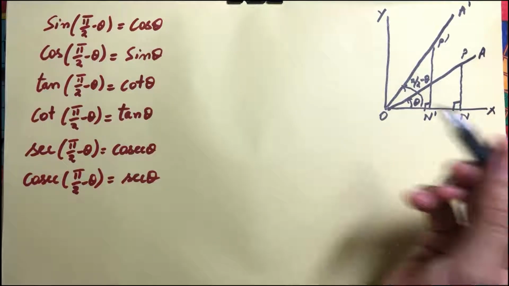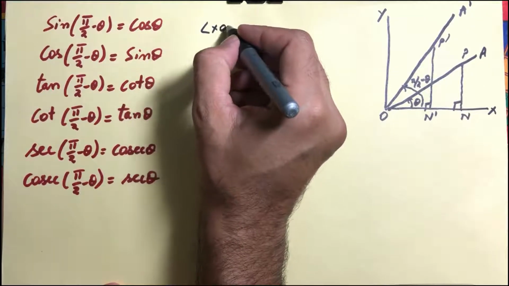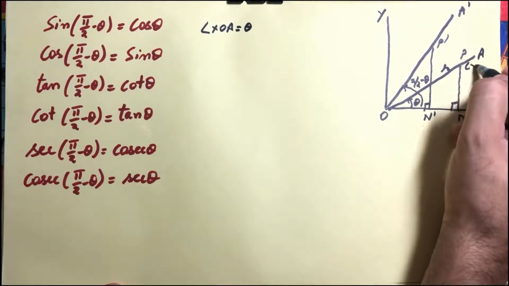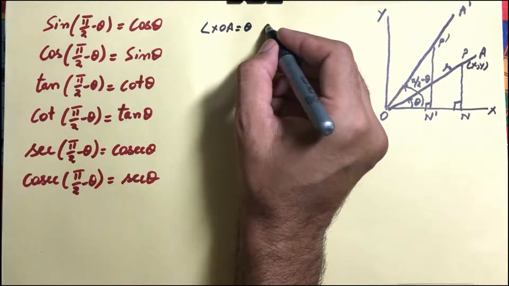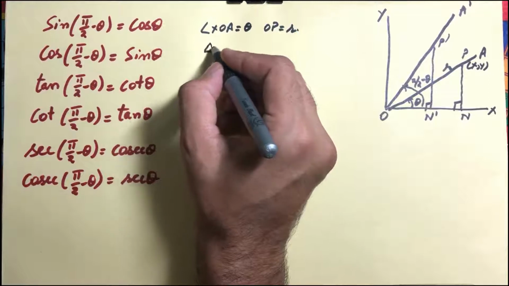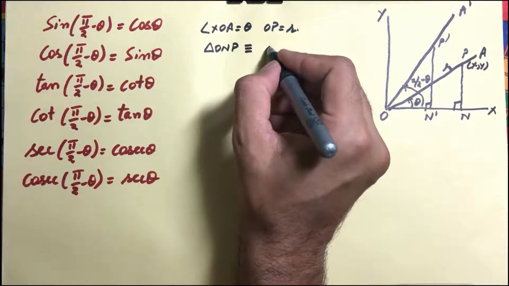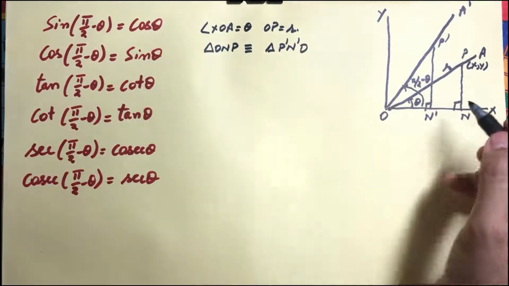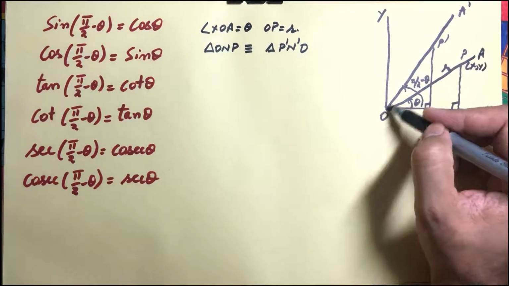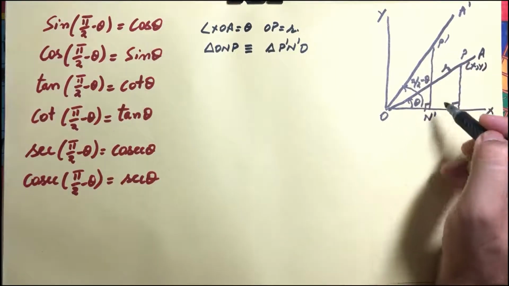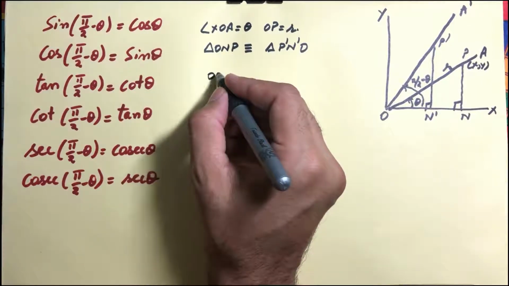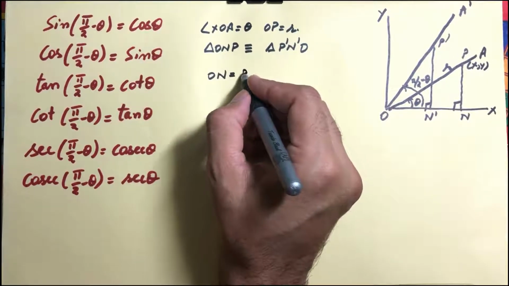So here as we see, angle XOA is theta, and OP, let this be R, and coordinates of P are x and y, and OP is R. Now here again the triangle ONP is congruent to triangle P dash N dash O. So that means whatever is ON is equal to P dash N dash.